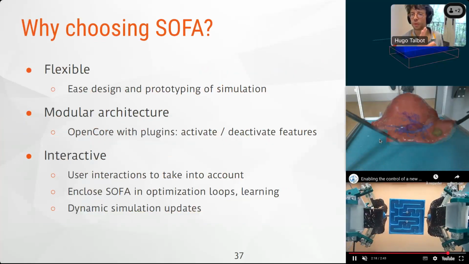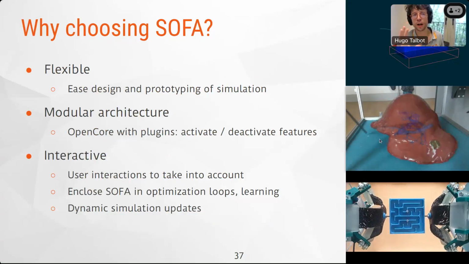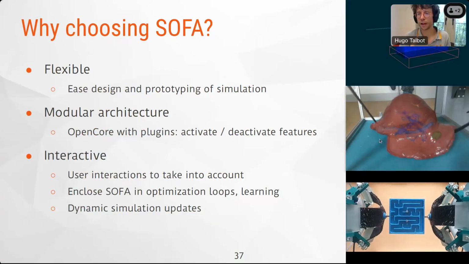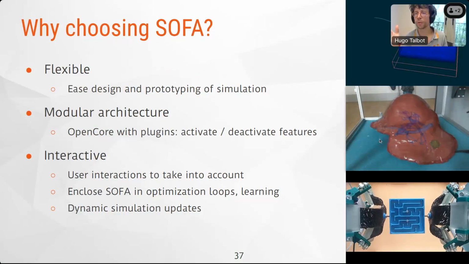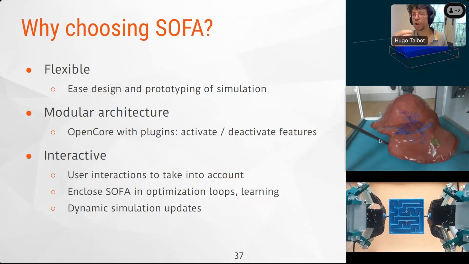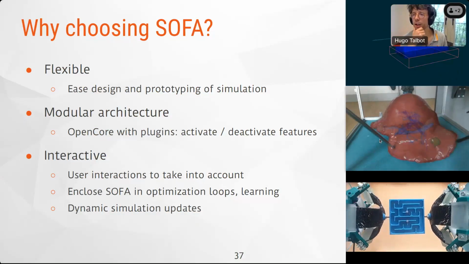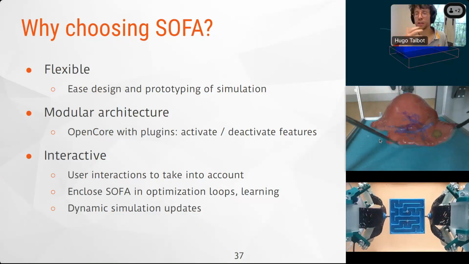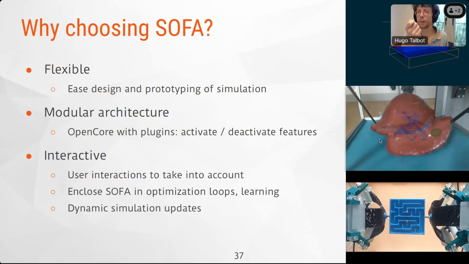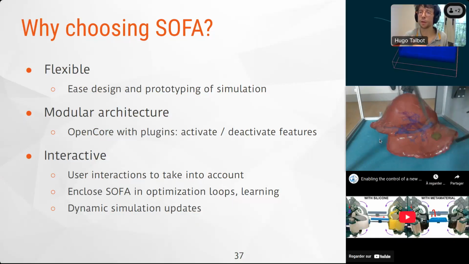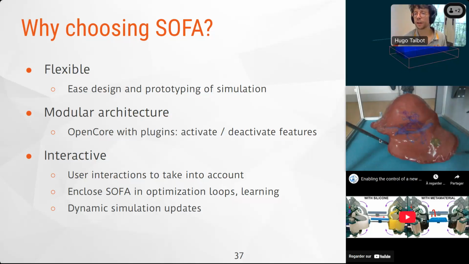So first, I hope I convinced you of why choosing SOFA. SOFA is really focusing on these interactivity aspects. On the top right example, you can see a jelly cube or a jelly rectangle, which is deformable and in which we can insert a needle, and this needle will deform. It's a deformable needle. The needle deforms itself and can also deform the gel. On the middle one, you have an augmented reality view on a liver, targeting automatic guidance within operating rooms.